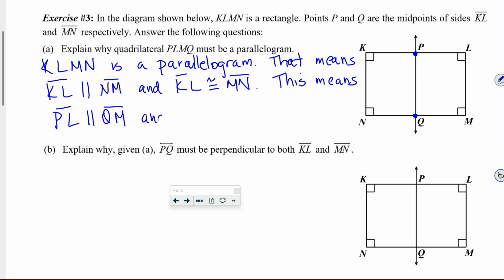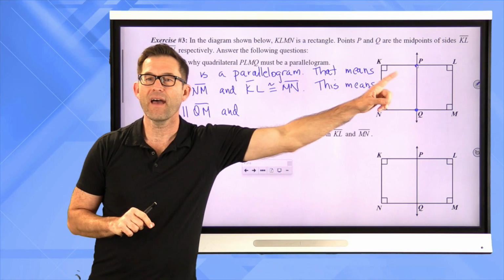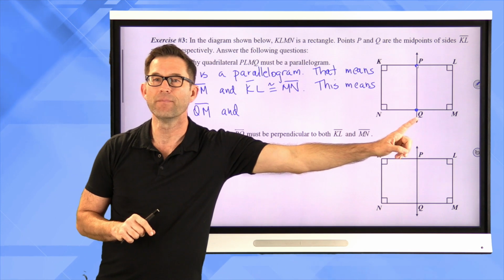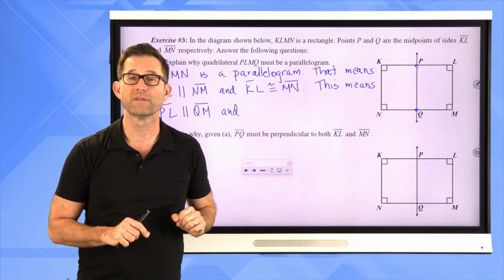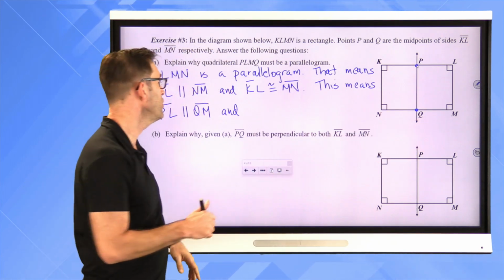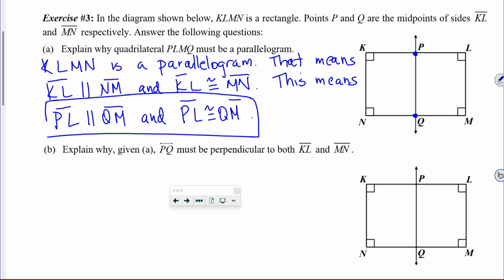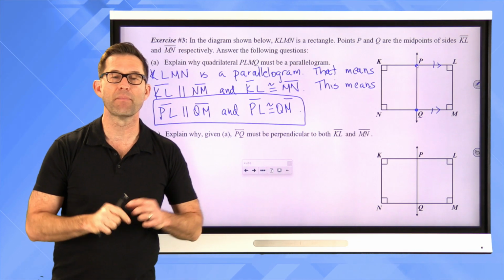And I'm running out of room here, so I might not be able to get all my reasoning in, but KL is the same length as NM. P and Q are midpoints of those two sides, so PL must be the same length as QM. And there it is. We had this condition that said if we have a figure that has a pair of sides that is both parallel and the same length, it must be a parallelogram.